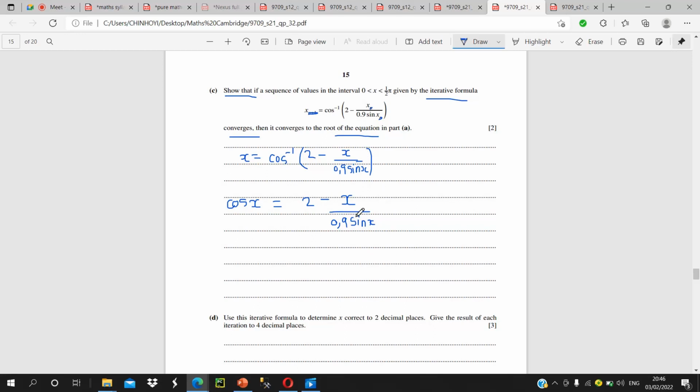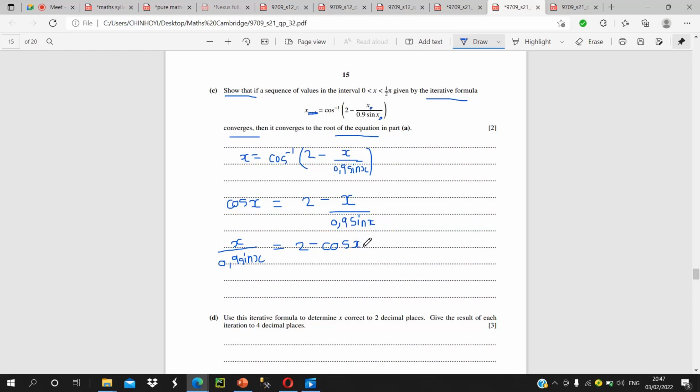So if these whole things come to this side, it will be positive, right? Yes. Then here we have 2. Then if you take cos to this side, it will be minus cos x, right?